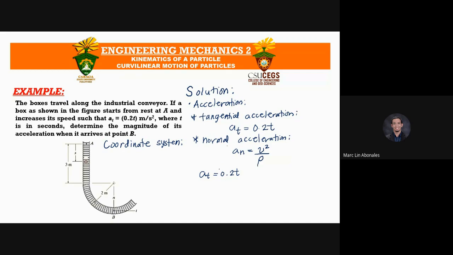It is the same as what we did in the kinematic equations before. The a_t is the first derivative of the velocity with respect to time, so dv over dt is equal to 0.2t. When we cross multiply, we get dv is equal to 0.2t dt.